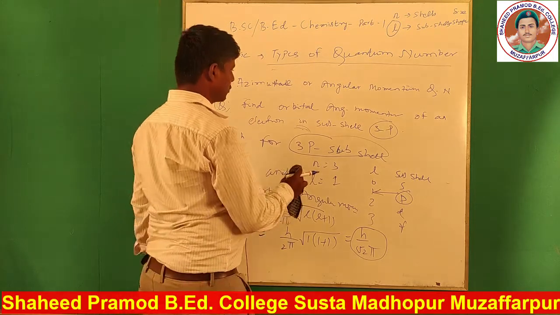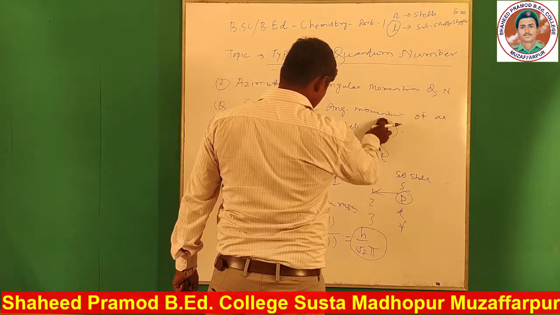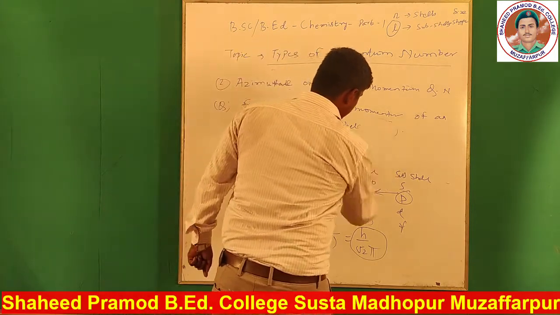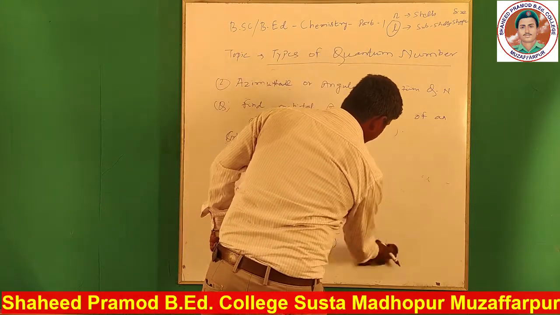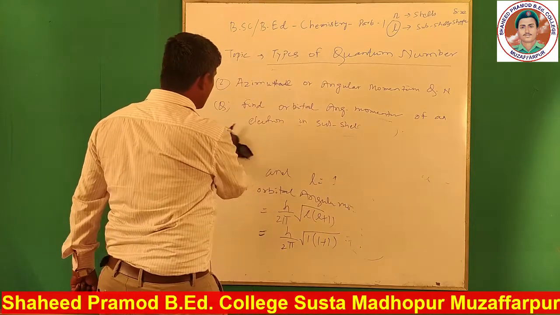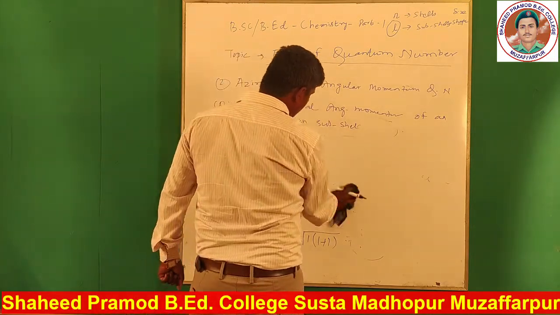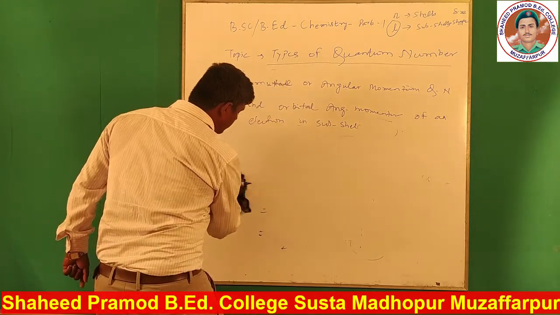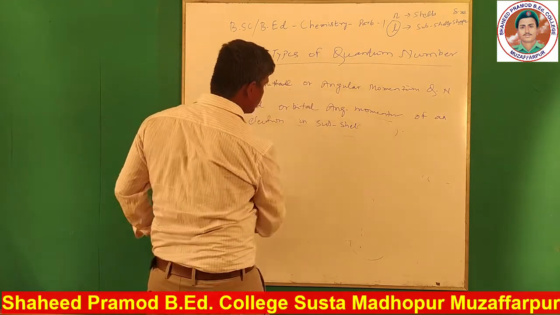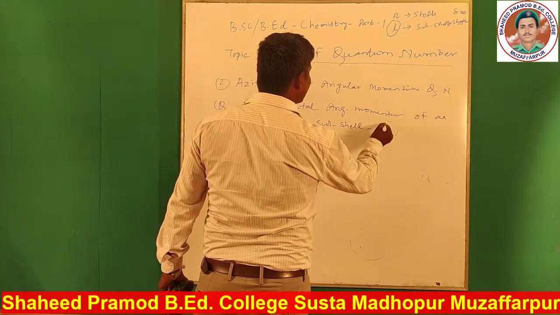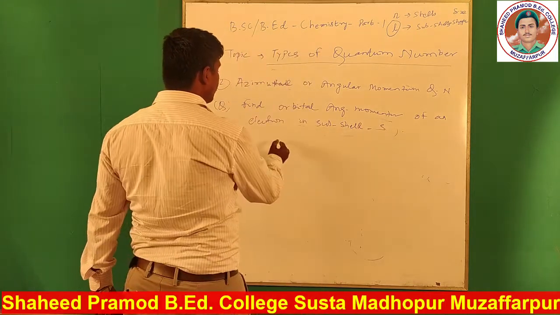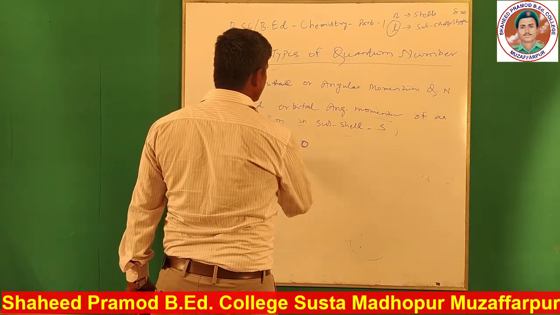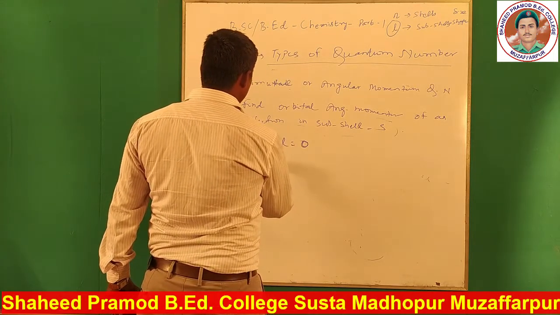There may be another question in which you may be asked to find the angular momentum for the S subshell. So, you can easily calculate the value of angular momentum. For subshell S, what is the value of L? That will be 0, and whenever the value of L is 0, the angular momentum will be 0.